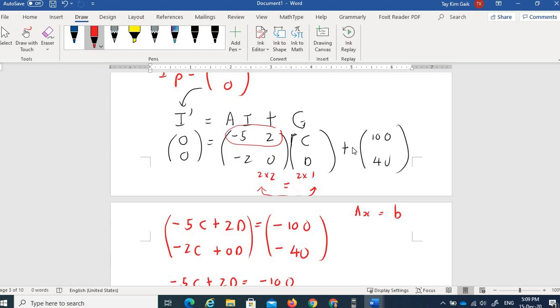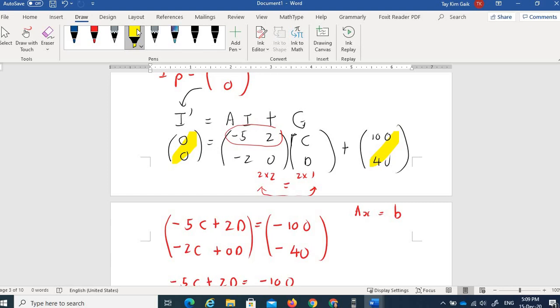So this side is zero. You collect this one and this one together, because on the left side, I prime, you get a 0 vector. So you collect the 0 vector and this one on the same side, so you get negative 100, negative 40.